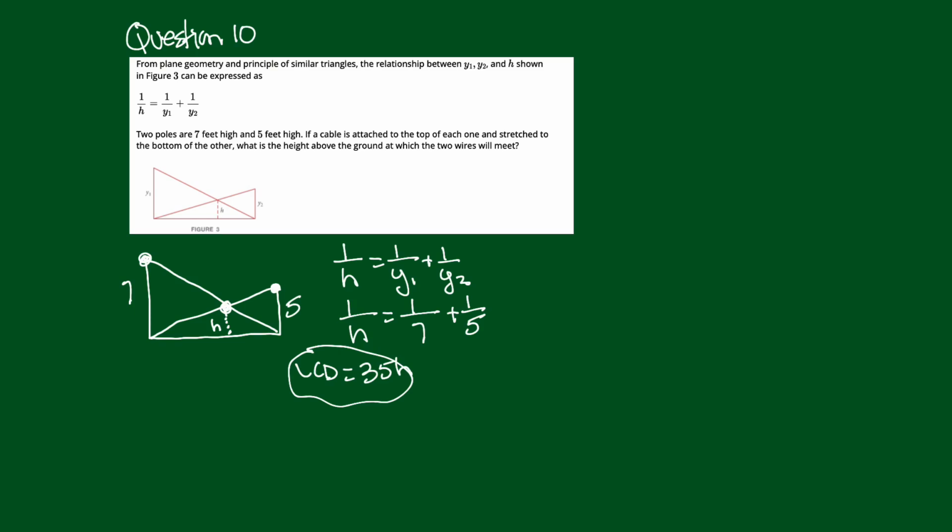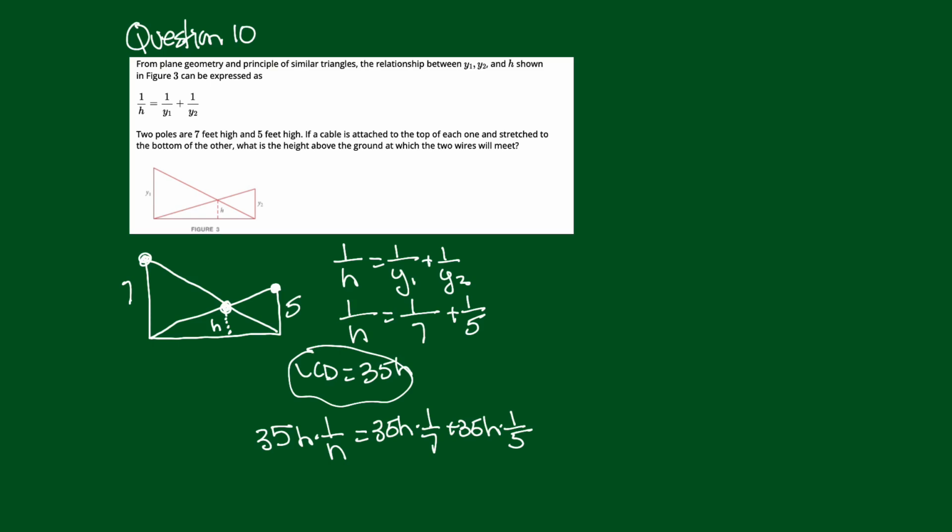So let's do it. It's going to be 35h times 1 over h. That is equal to 35h times 1 over 7 plus 35h times 1 over 5. All I did is I put that 35h right here, and right here.